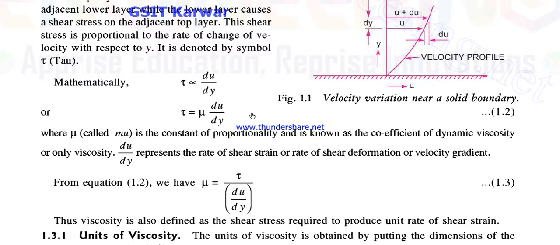That means where mu is the constant of proportionality and is known as the coefficient of dynamic viscosity.